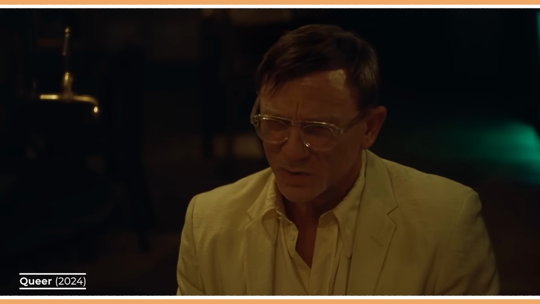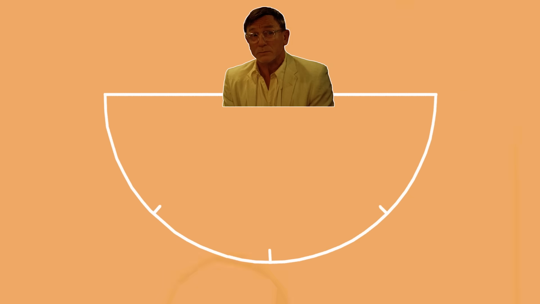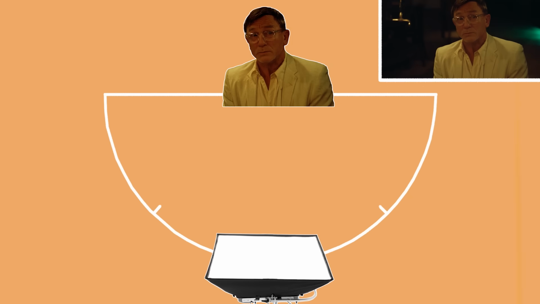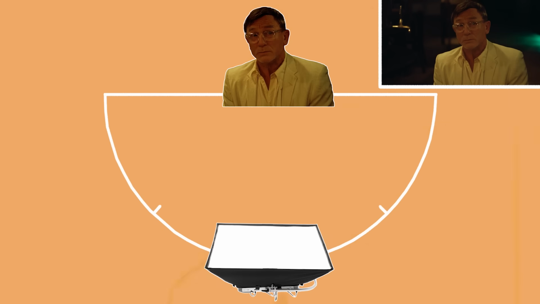What determines whether faces have the split light and shadow or not is how the key light is positioned. Imagine that there's a semicircle around the subject. If you place the key light directly in front of the subject at 90 degrees and shine it straight at them, then their whole face will be illuminated and there will be no shadow.